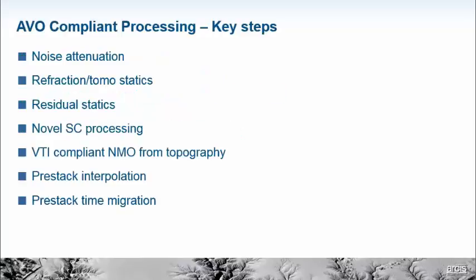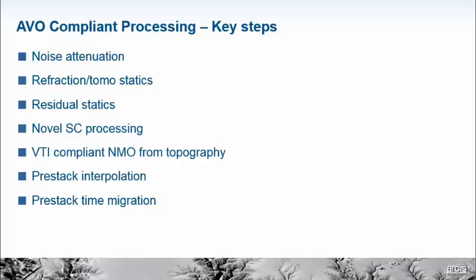So AVO compliant processing. Here are the various key steps which form the underpinnings of an AVO compliant processing flow. Noise attenuation, which is really the workhorse. I mean, frankly, battles are won and lost in processing in the trenches of noise attenuation. So we'll spend quite a bit of time talking about that particular topic.